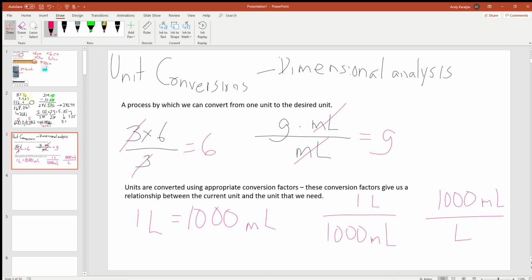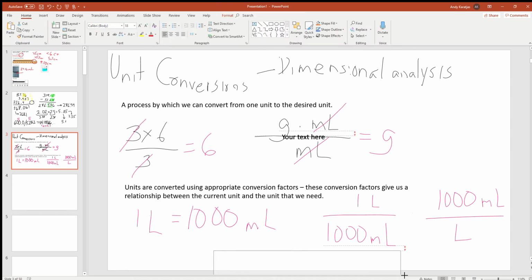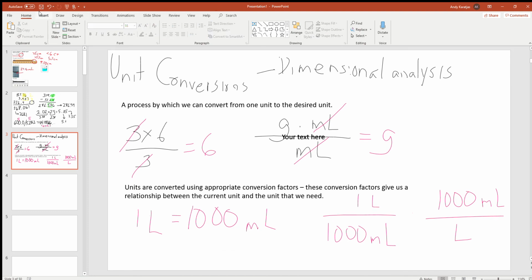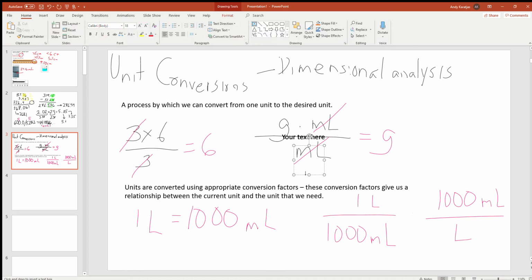The important thing to remember though here is that these conversion factors, because the numerator and denominator, while they might be different units, are equal to each other.